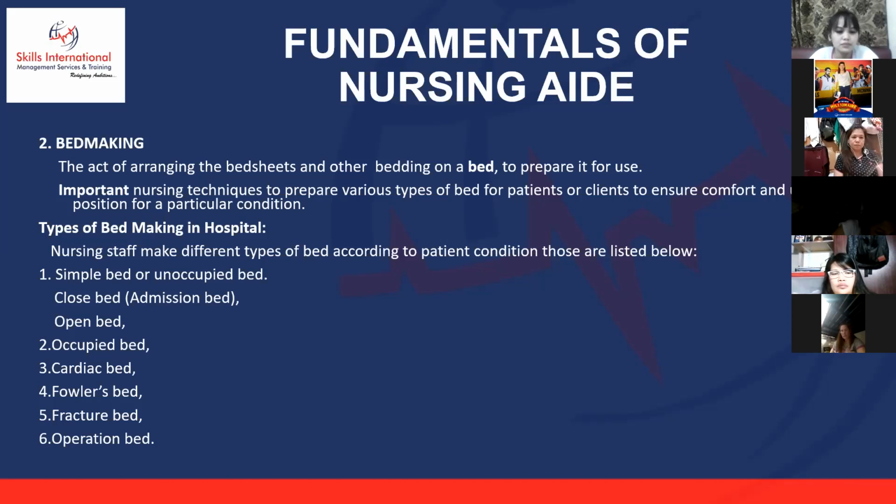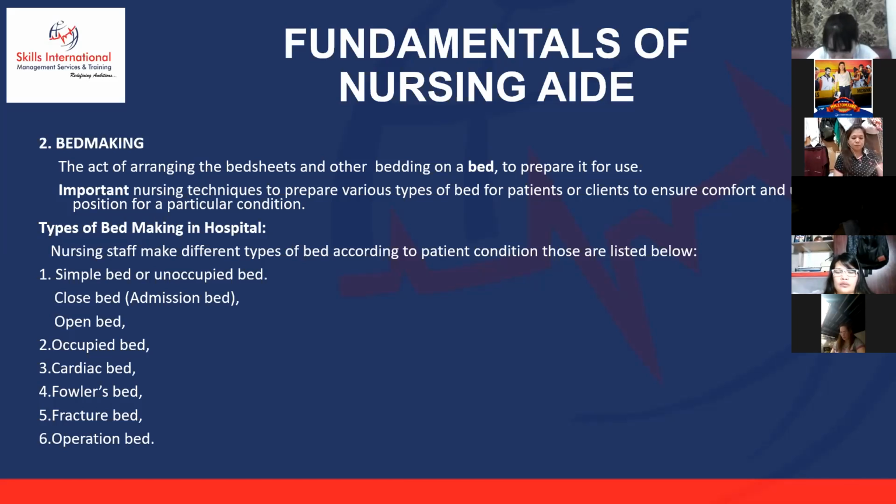If you are also in the medical clinics, the same way you are going to prepare it as in the hospital. So we have the simple bed or unoccupied bed or the open bed. The closed bed or the occupied bed.